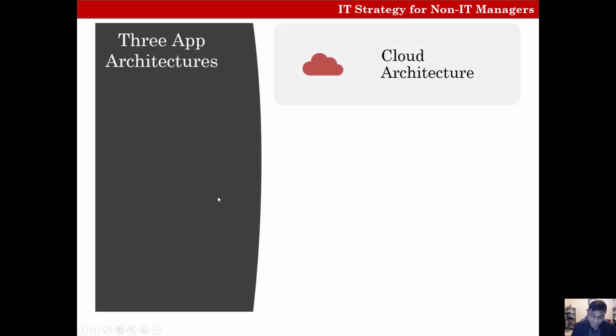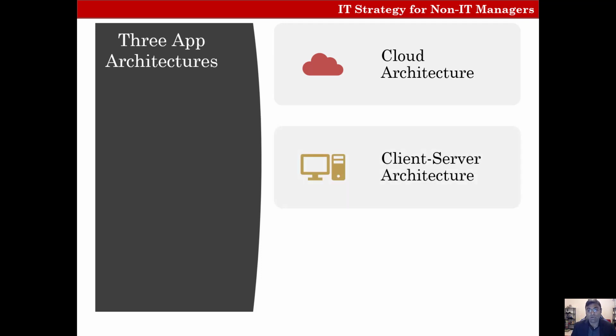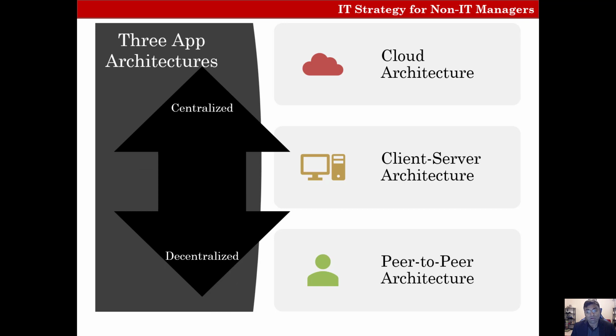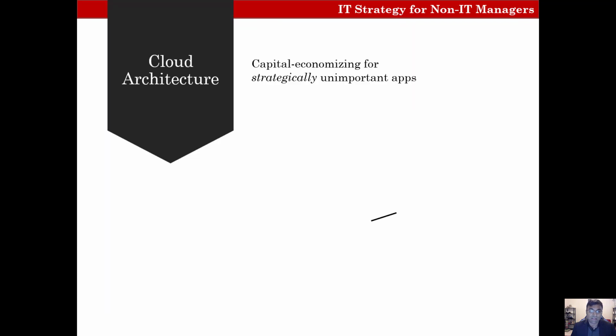So we're going to look at three different arrangements of these app architectures. We talk about the cloud architecture, client-server architecture, and peer-to-peer architecture. Cloud architecture is more centralized and peer-to-peer is decentralized, and you can see this kind of moves in that particular region. The cloud architecture puts all three pieces on a central server.